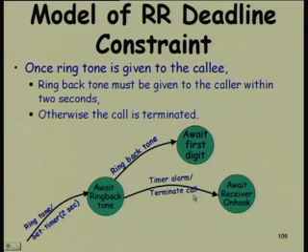Possibly we could have written here, it is not mentioned here, but if we had mentioned that the call is terminated and also a beeping sound is produced, then we could have also written here timer alarm, and then the actions are terminate call and beeping, and this action continues until the handset is replaced on the phone.